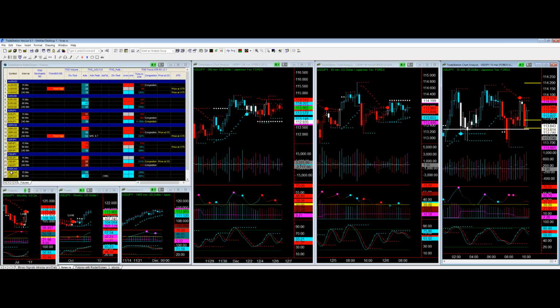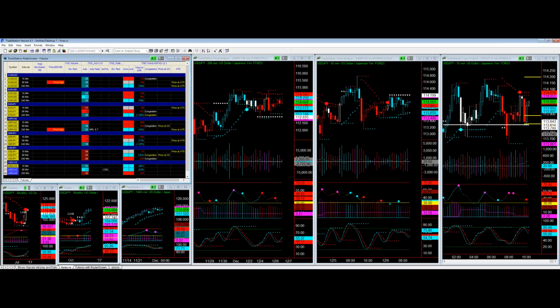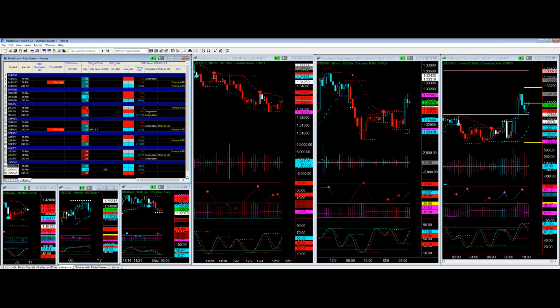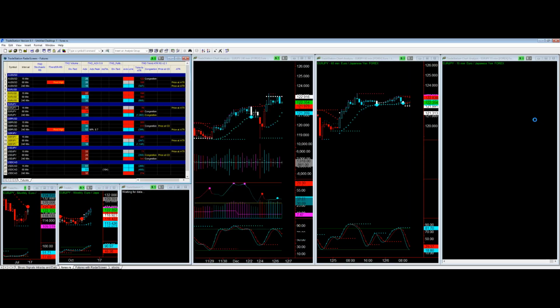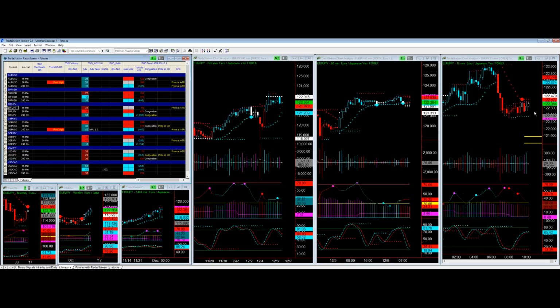If it goes 2 strikes in your favor, you've made a profit target. Now this one is actually 10 pips.